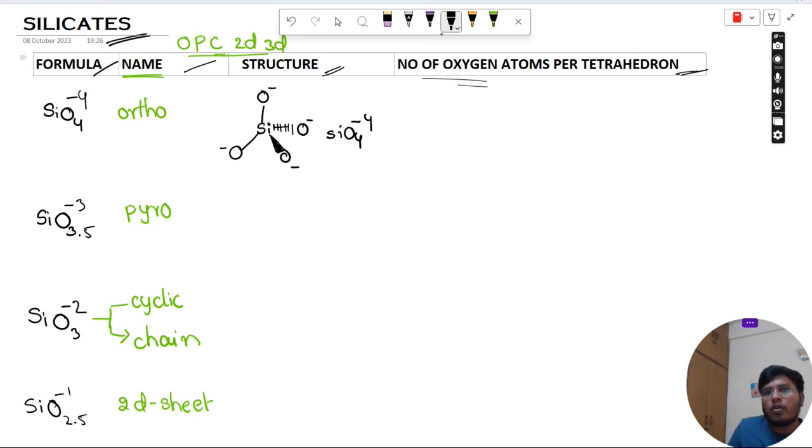And when it comes to the number of oxygen atoms per tetrahedron, joining like corners, we can say corner atoms. From an exam point of view, they will ask you the corner atoms only. I forgot to write the corner here.